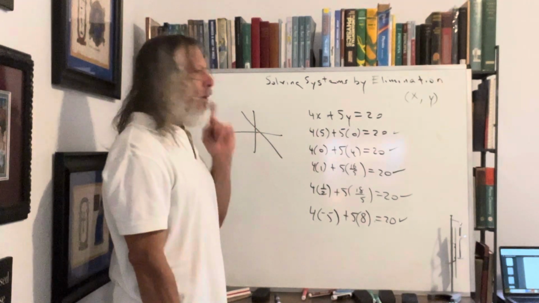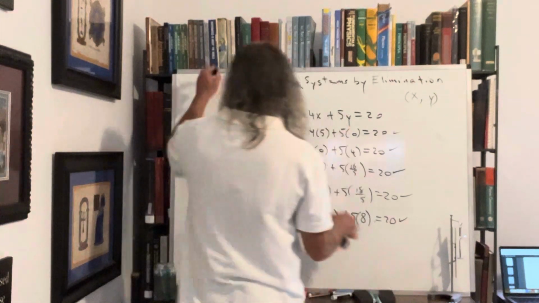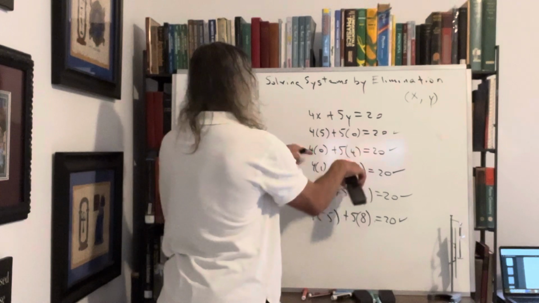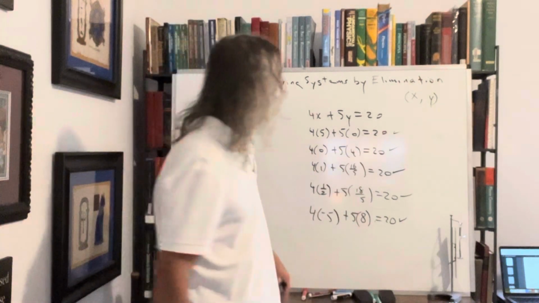We want to find the one that works in two equations if it happens. So instead of having a whole line of xy points, we just want one point.